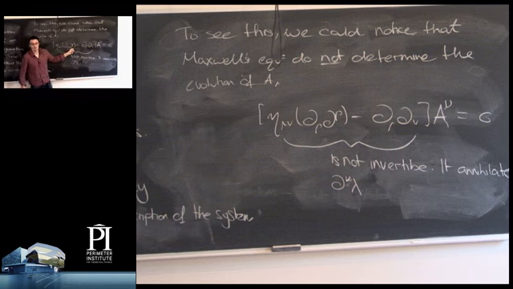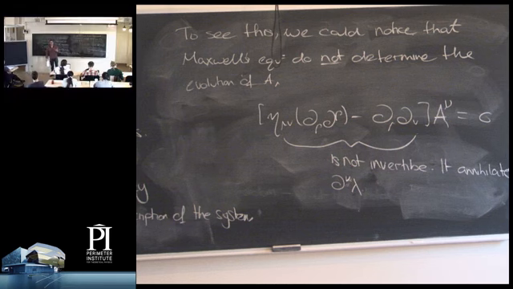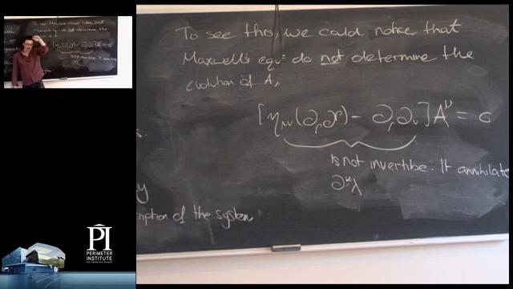What does that mean? It means we've got no way of uniquely figuring out what A is doing. We've got no way of knowing if a given A at some initial time evolves to a particular A at a later time, or to A plus something of this form, because this operator just doesn't distinguish between those two cases.